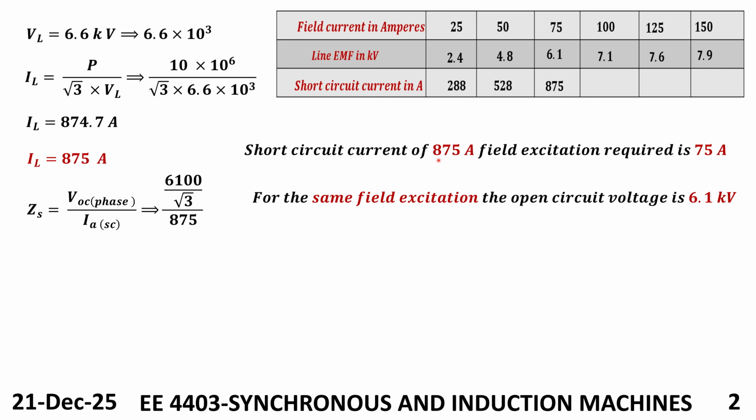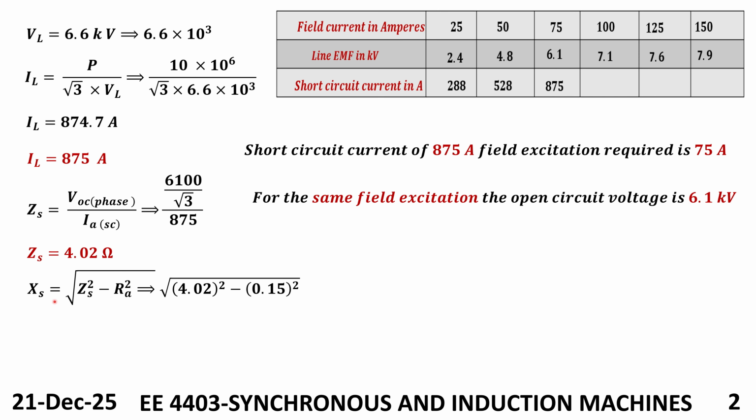The short circuit current is 875 ampere, and that is substituted here. With this, on simplification, ZS is 4.02. Synchronous reactance, by the same formula, is also 4.02. In most cases we will not get the same value, but in this particular problem we are getting the same value. Now the phase voltage is given as 6.6 kV, which we convert into volt and divide by root 3, since we need it as per phase voltage.